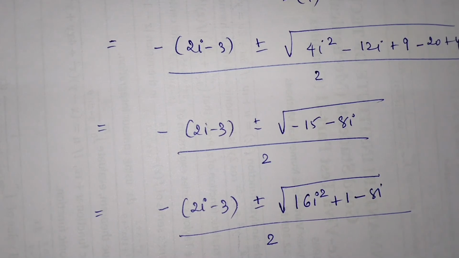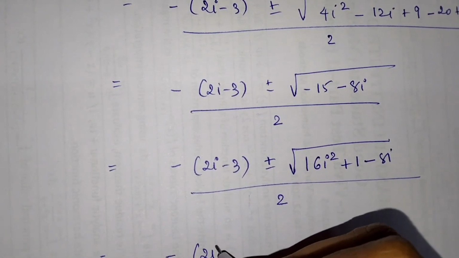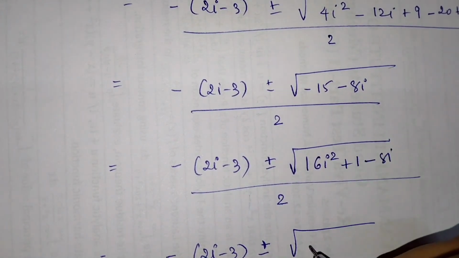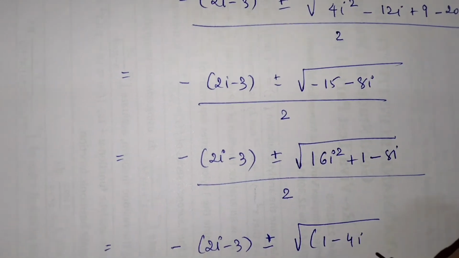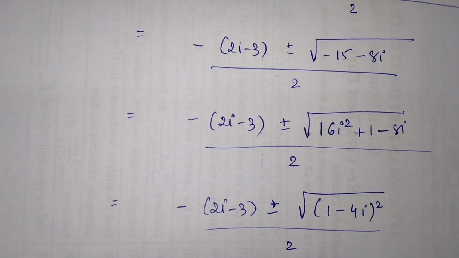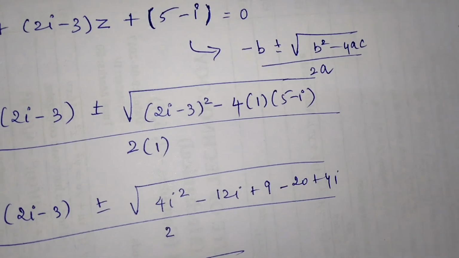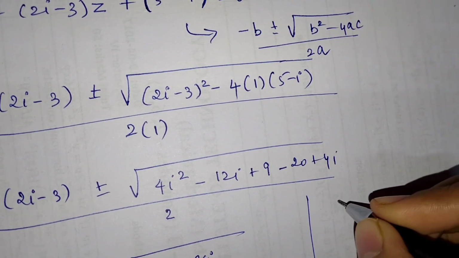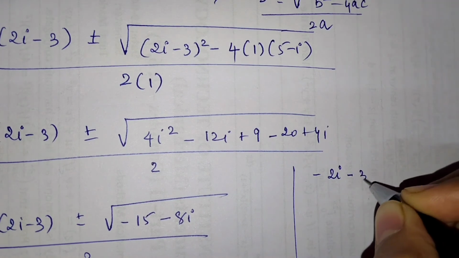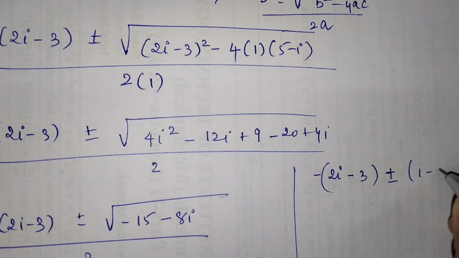So you will get minus 2i minus 3 plus or minus, and if you solve this, you will get 1 minus 4i whole square, divided by 2. So you will get minus 2i minus 3 plus or minus 1 minus 4i.